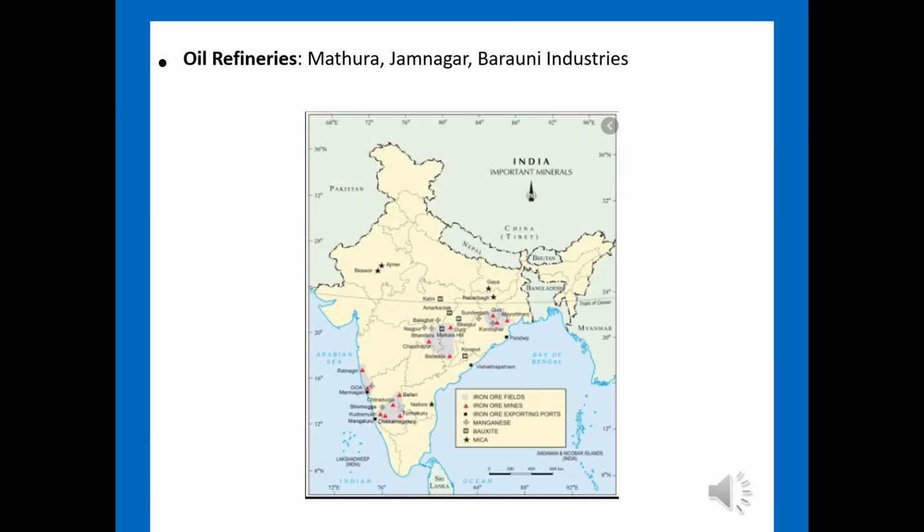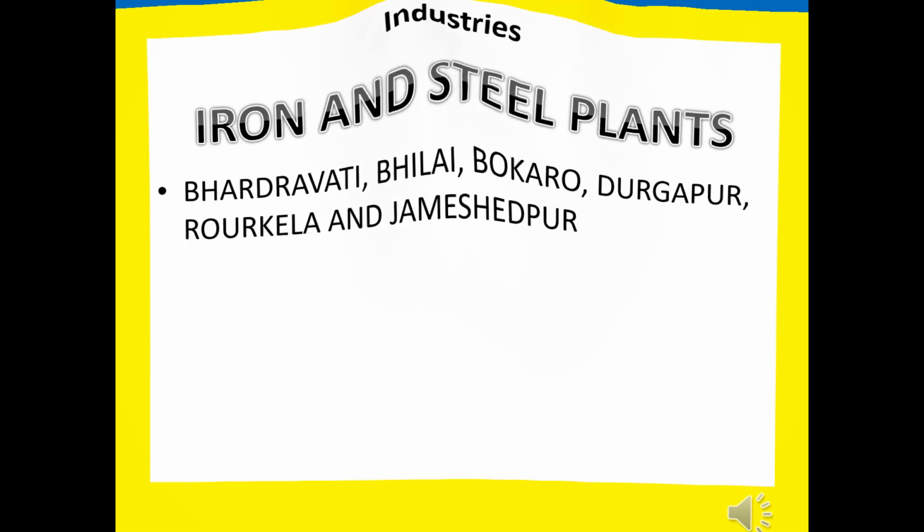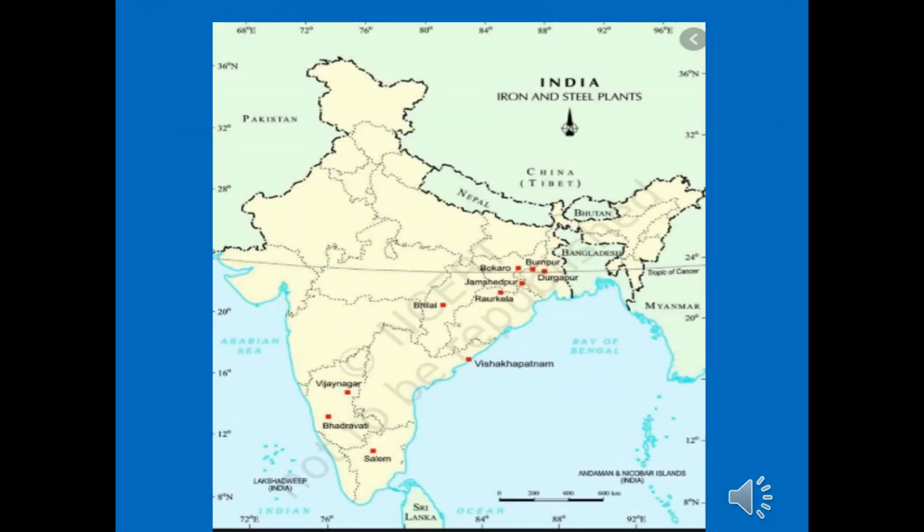Oil refineries are mainly found in Mathura, Jamnagar, Barauni. Iron and steel are found in India in Bhadravati, Bhilai, Bokaro, Durgapur, Rourkela and Jamshedpur. The location of the places are as follows.